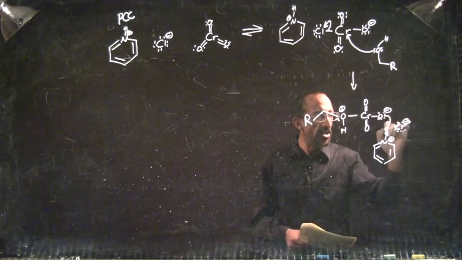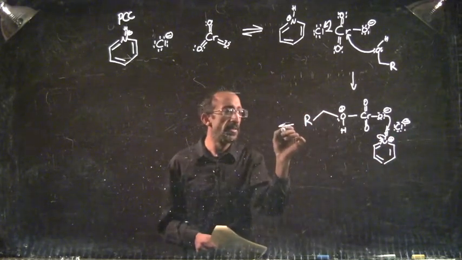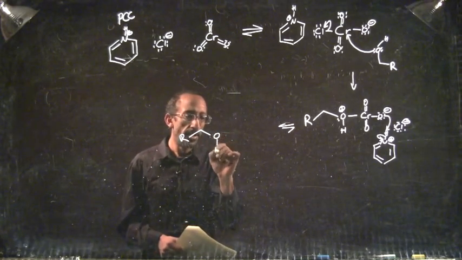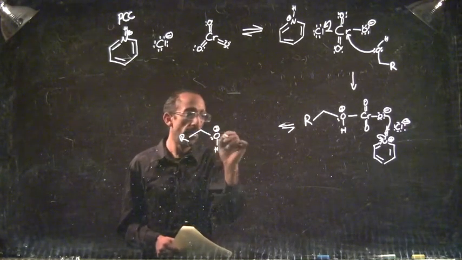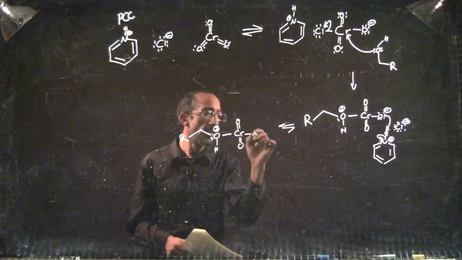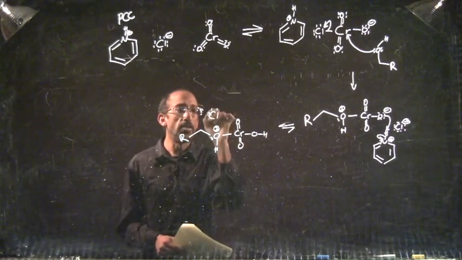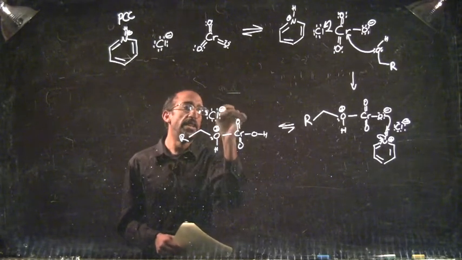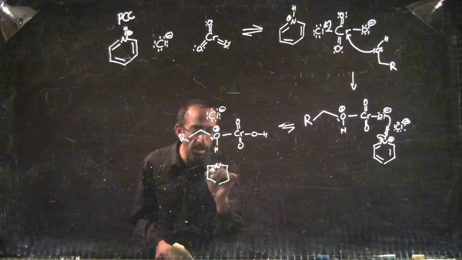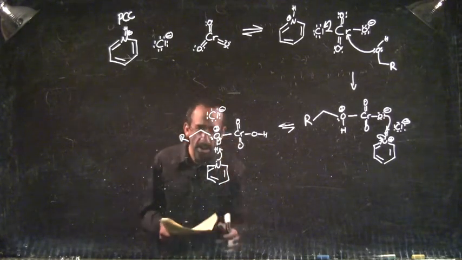The negatively charged oxygen on the chromium deprotonates the pyridinium, there's our chlorine ion. It now gets to balance the charge on oxygen. Our pyridine can come along and deprotonate that oxonium.